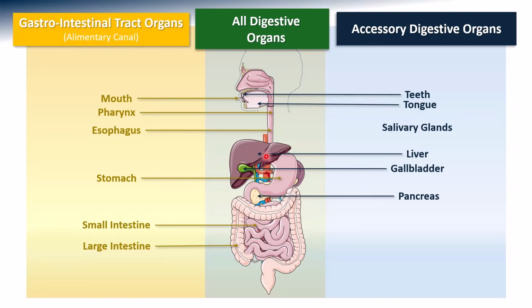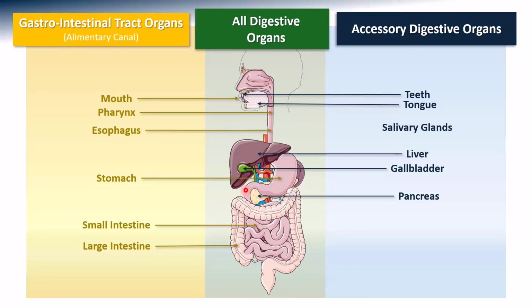So if we were to take a nice trip through the alimentary canal here, we would begin up here in the mouth, or the oral cavity. As we're passing through, we would run into the teeth. We would get pushed back into the pharynx by the tongue, and then we would continue to travel down through the esophagus. The esophagus would bring us into the stomach, and the stomach connects down here to the small intestine.